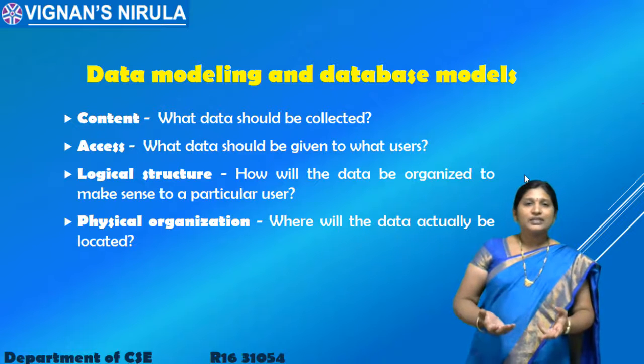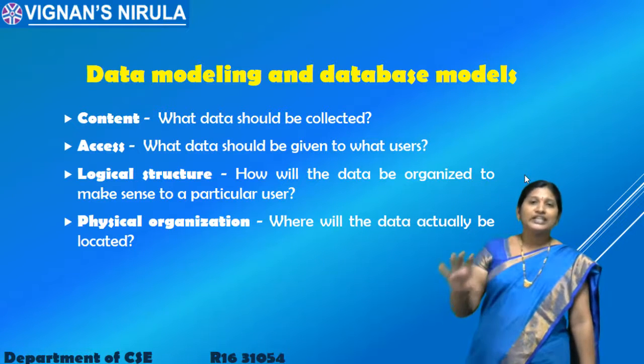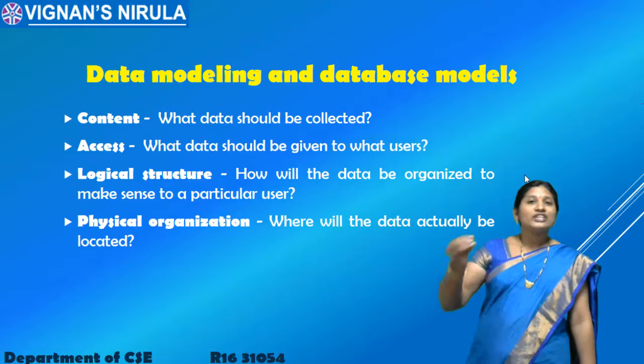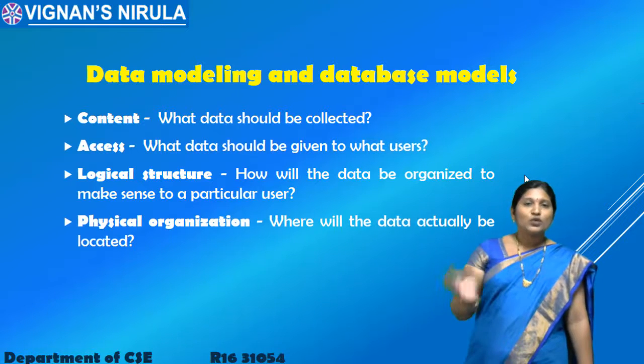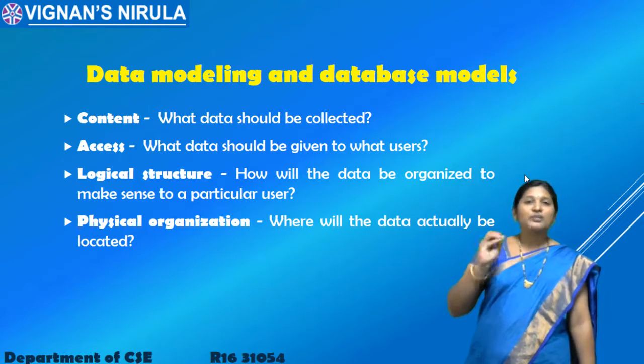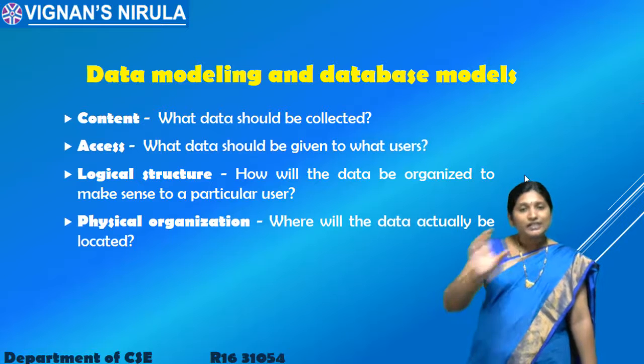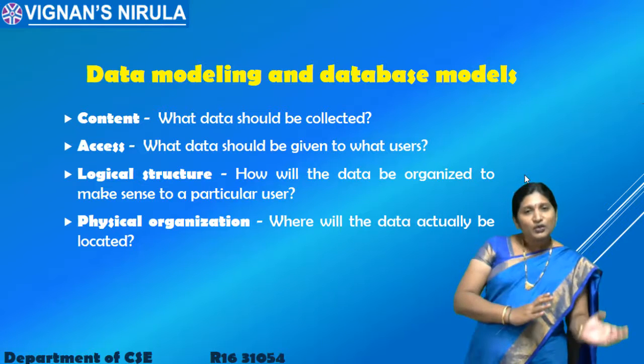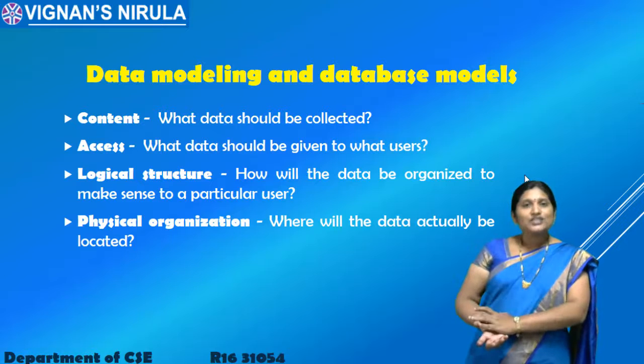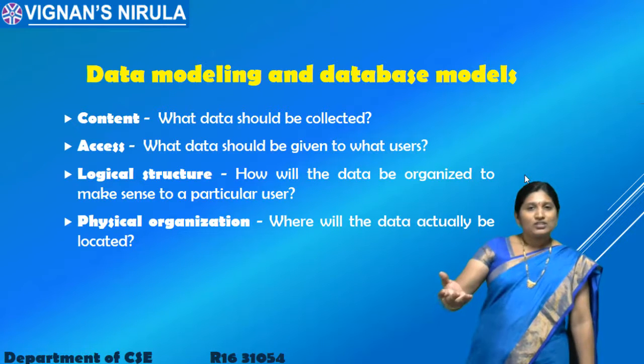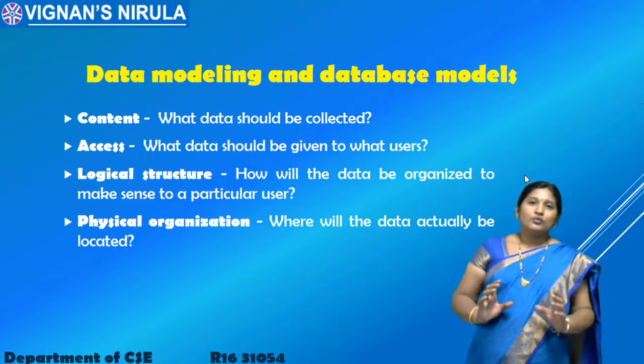Modeling the data is nothing but representation of the database in terms of the data model that has been selected. Whatever design template has been chosen by the particular data model, in terms of that template, we are going to present the contents of the database to the users. That is nothing but data modeling.